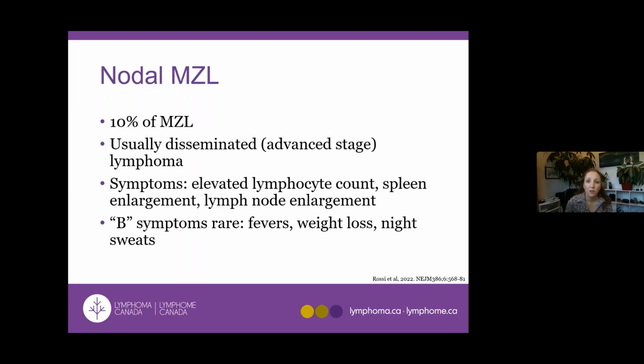We know that these individuals do slightly less well during their cancer journey compared to the splenic or extranodal marginal zone lymphoma. Fortunately, though, B symptoms or constitutional symptoms, which are those things that we ask about at each clinic visit, like fevers, weight loss, and night sweats, are still quite rare because, again, these are still slower growing than their aggressive counterparts.